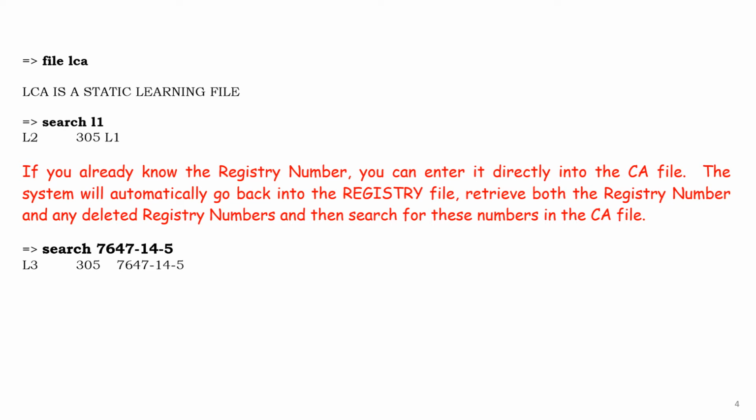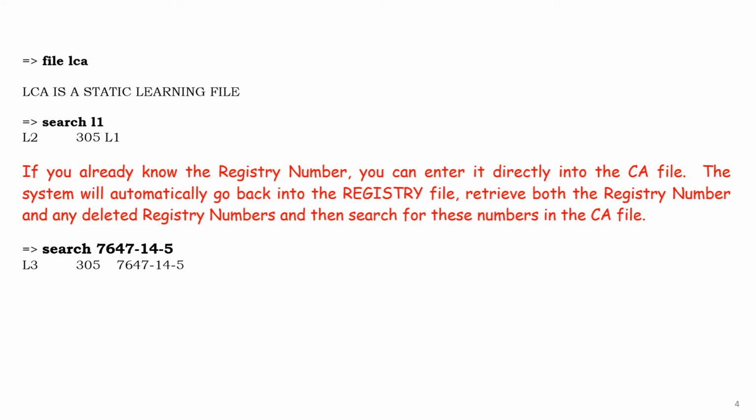One of the shortcuts you can take, if you know the registry number, that's why we had that separate lesson on finding registry numbers, you can save yourself time. In the Chemical Abstracts file, in the CA file, you can just say search the registry number just by itself. I recommend you do not do this because in the real-life search, if you're in the Chemical Abstracts file and you search the registry number, you get a very complicated display.